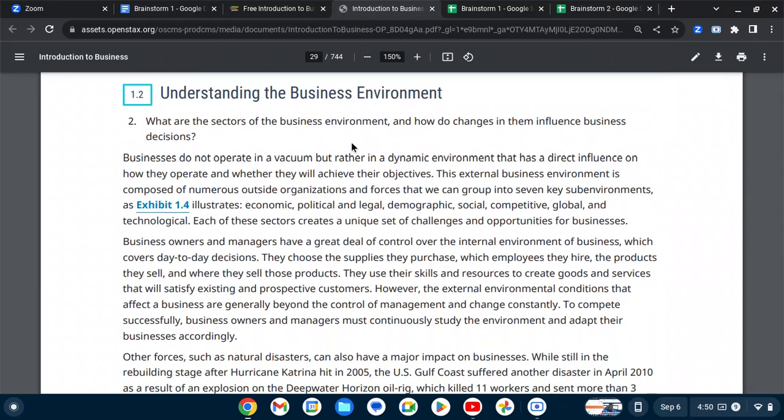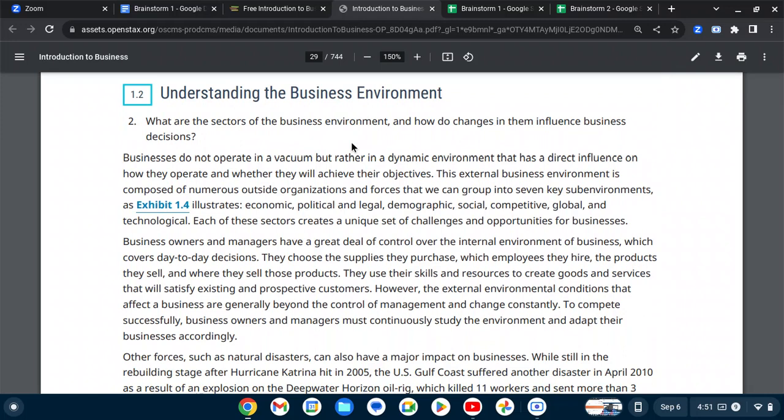1.2, Understanding the Business Environment. Businesses do not operate in a vacuum, but rather in a dynamic environment that has a direct influence on how they operate and whether they will achieve their objectives.